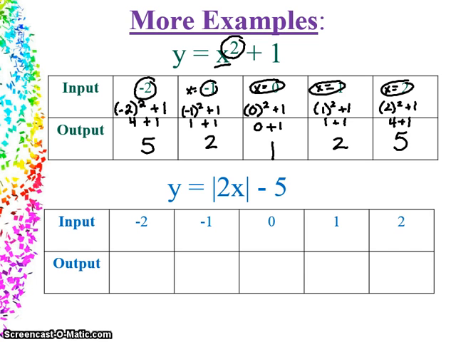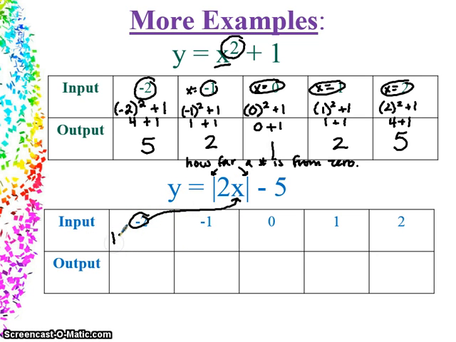Alright, let's try the next one, which has absolute value symbols. These are absolute value symbols, which mean how far a number is from 0. Now, we're going to have to substitute our x value in for x. Notice the 2 and the x are touching, so this will be multiplication when we substitute in.